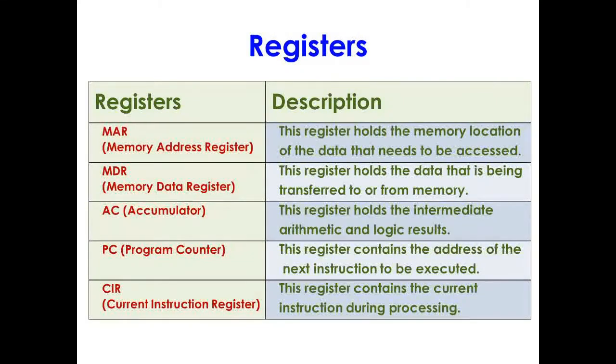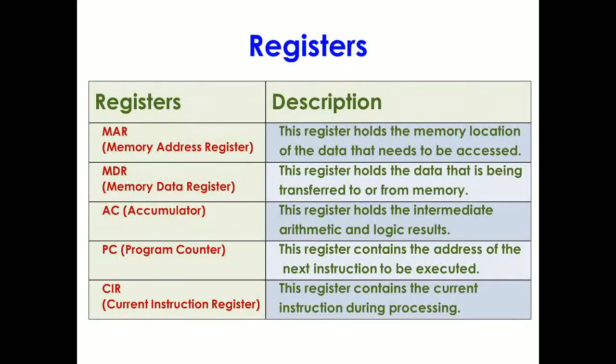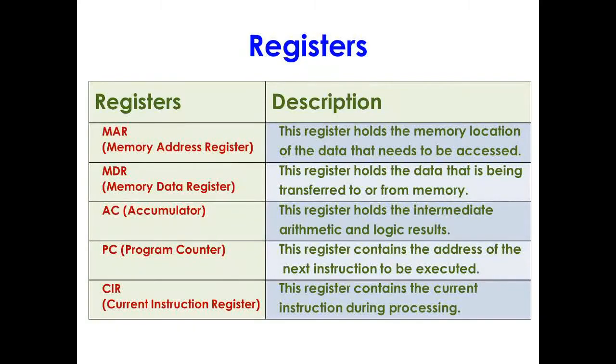The first register is the memory address register. It's clear from the name, this register holds the memory location of the data that needs to be accessed. What it means is, if you need to access any data, this register will be storing its location.